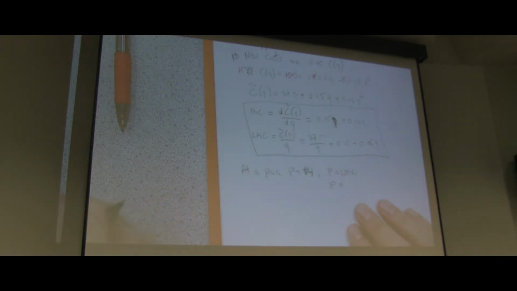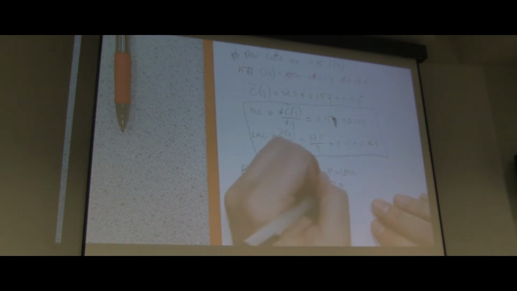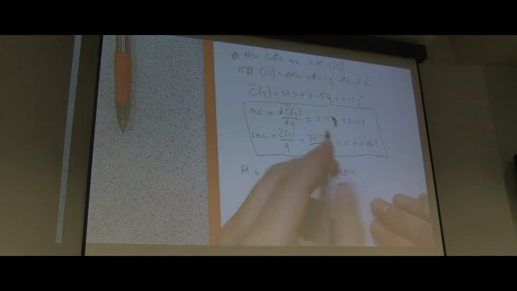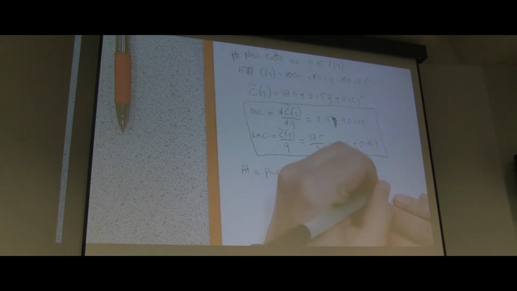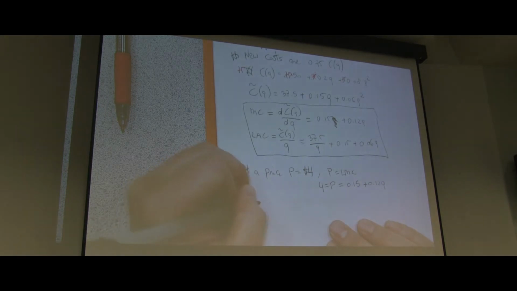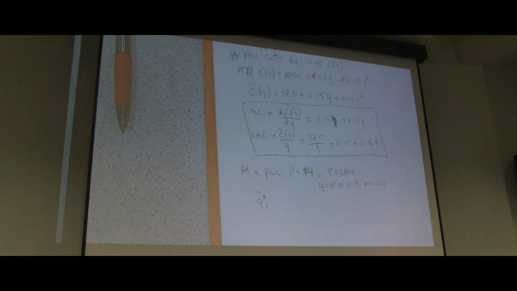That price is equal to, so 4 is equal to 0.15 plus 0.12q. And I can solve for q now to find my q. Your new q star, let me call that q tilde, since tilde is going to be our new quantities.